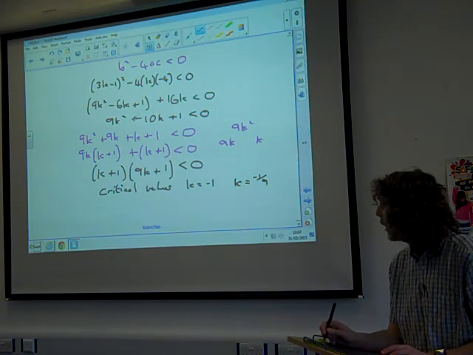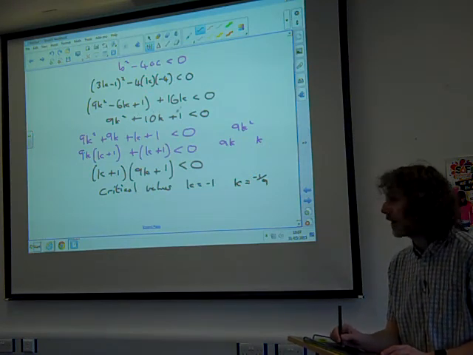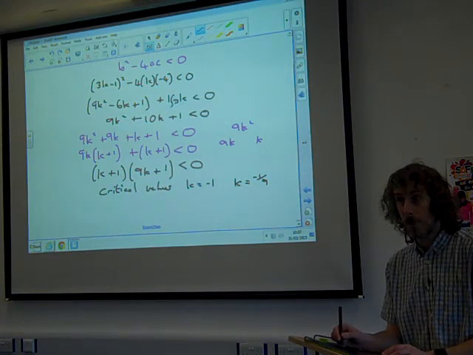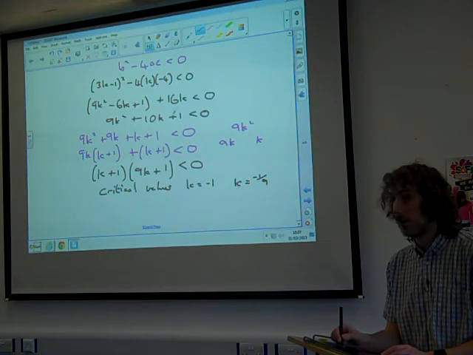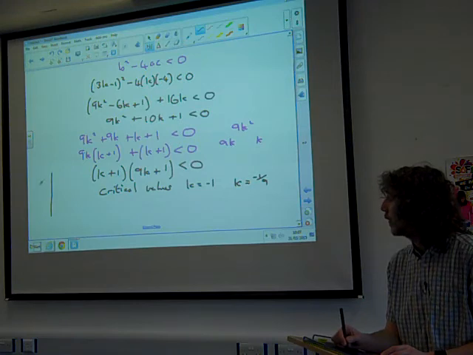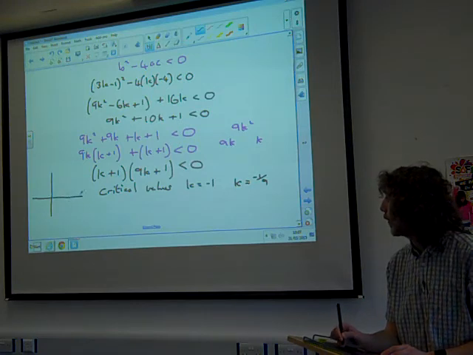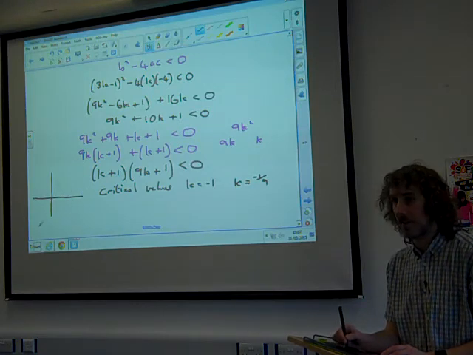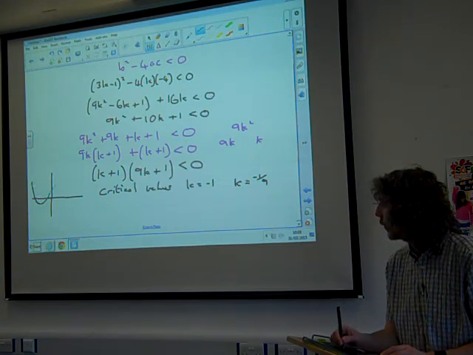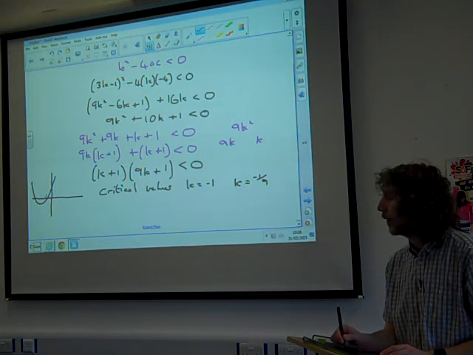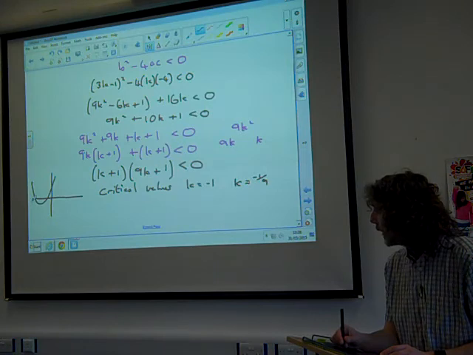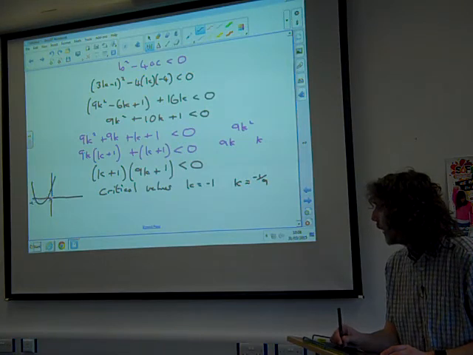What we've got here, this line here, is a quadratic equation in k. And if we were to draw a graph of that quadratic equation, y equals 9k squared plus 10k plus 1, on axes where we've got a k-axis and a y-axis, then the graph would look like that, where these 2 points are minus 1 and minus 1/9.